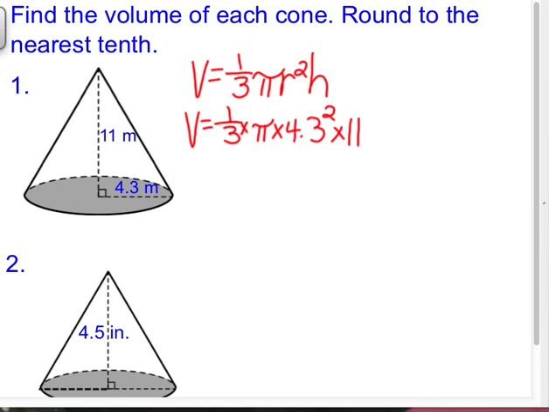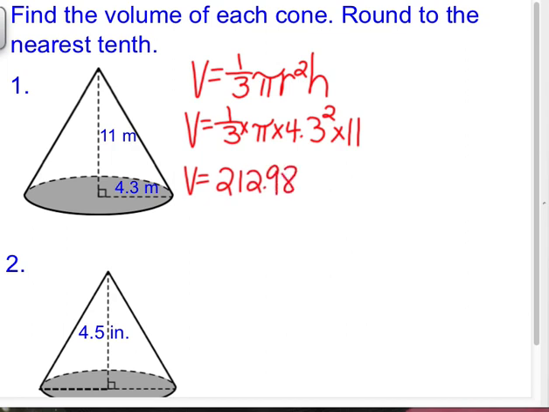I fire up my calculator and type in the fraction 1/3 times the pi button times 4.3 to the 2nd power, or if you wanted, you could take times 4.3 times 4.3 again, and times 11.